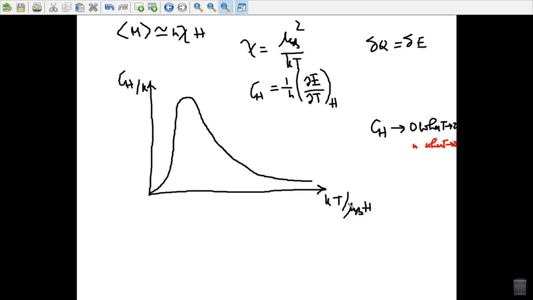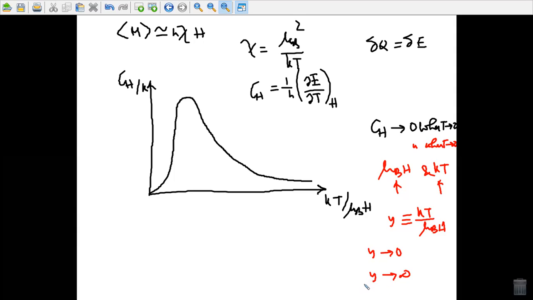Since there are in the problem only two characteristic energies, mu B H and kT, this is the thermal energy, this is the field energy, clearly everything that happens depends on the ratio y equals kT upon mu B H. Otherwise, changing the units would affect the behavior of the system. The two limits that we studied are y tending to 0 and y tending to infinity.